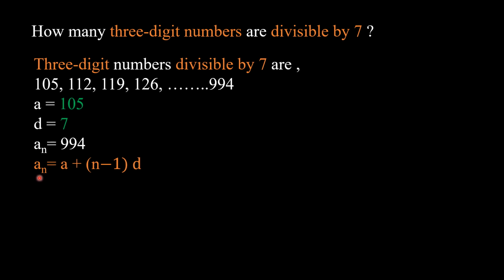We have a_n equals a plus (n minus 1) into d. We will substitute these values here and write 994 in place of a_n, equals 105, which is a, plus (n minus 1) into 7, which is d.